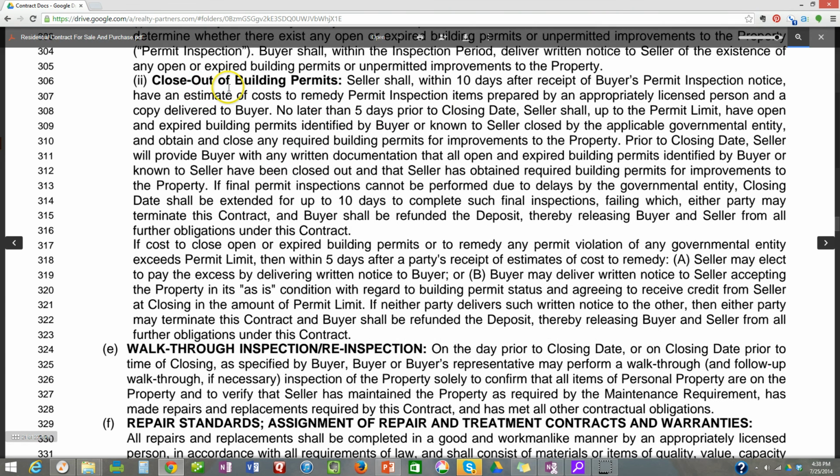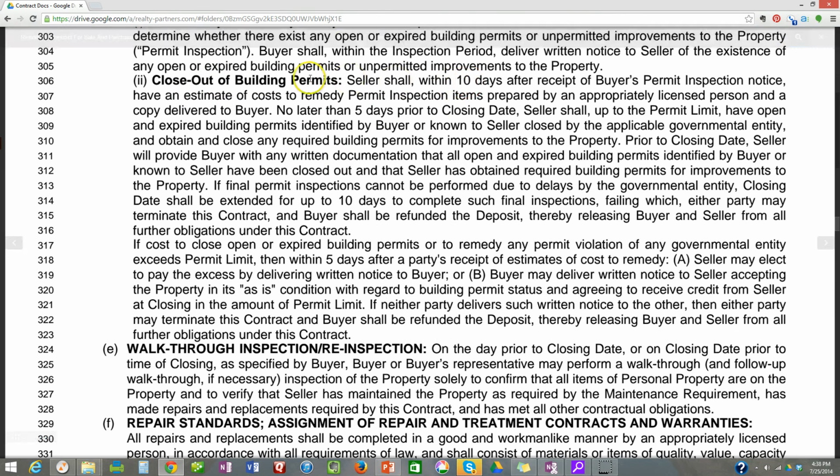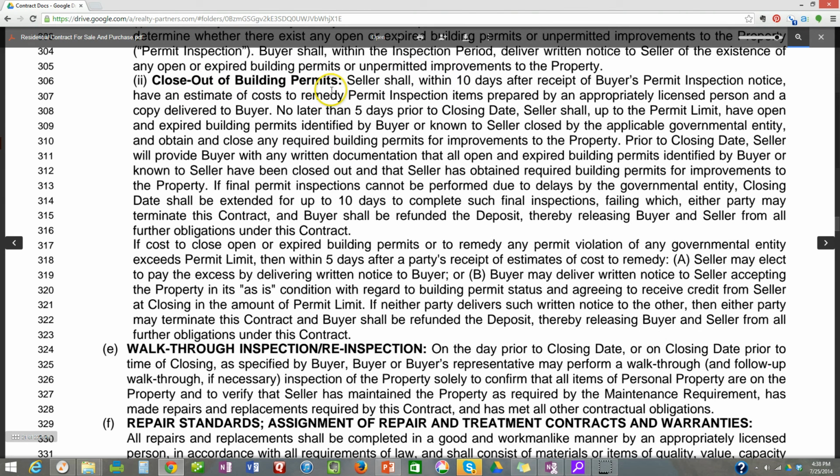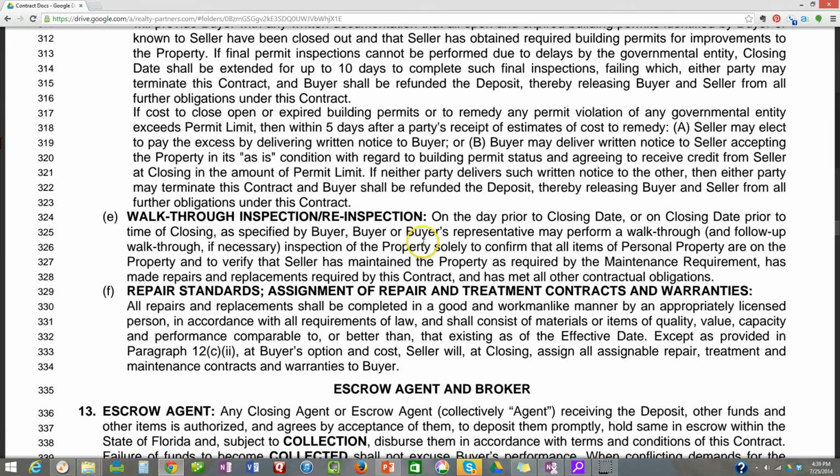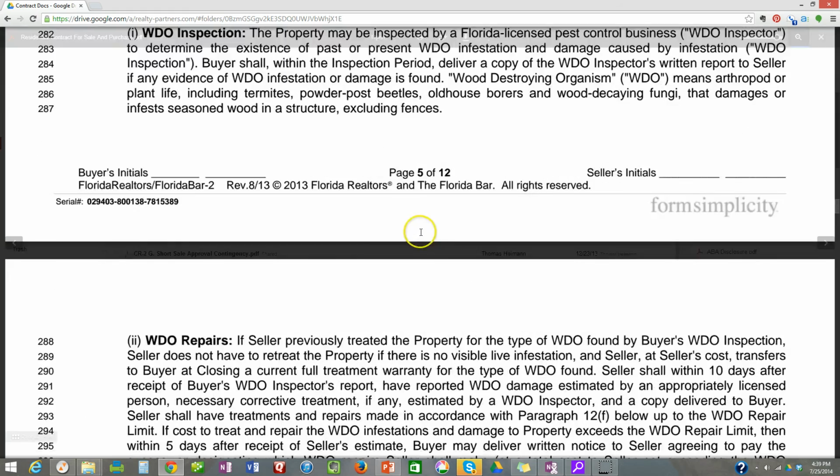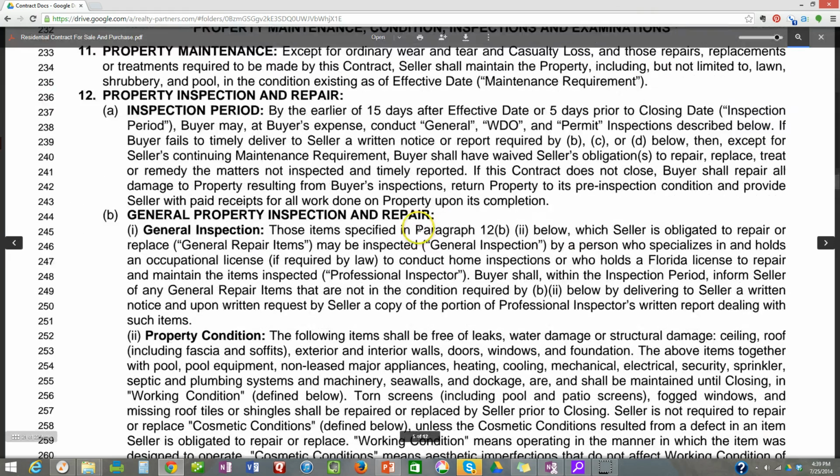Now here again, the seller is going to agree and assist with closing out permits, and the seller is going to have to pay for it up to the repair limit. And let's take a look up here where the repair limit is fixed.